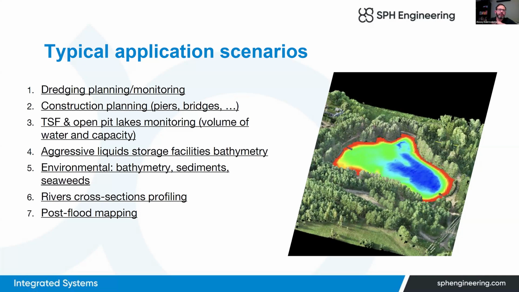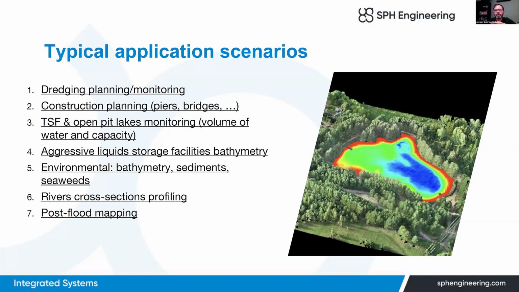Environmental applications, river cross-section profiling, and post-flood monitoring and mapping are also pretty common scenarios for our systems. Also very interesting, here on the screenshot, you can see bathymetric data of a lake combined with data from aerial LiDAR.